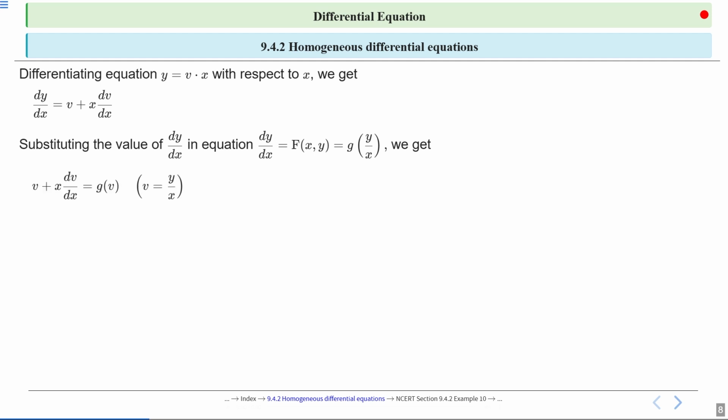We get v plus x dv by dx is equal to g(v). Why? Because y is equal to v into x, so v is equal to y by x, and we put v in place of y by x. Now rearranging the equation, we get x dv by dx is equal to g(v) minus v.